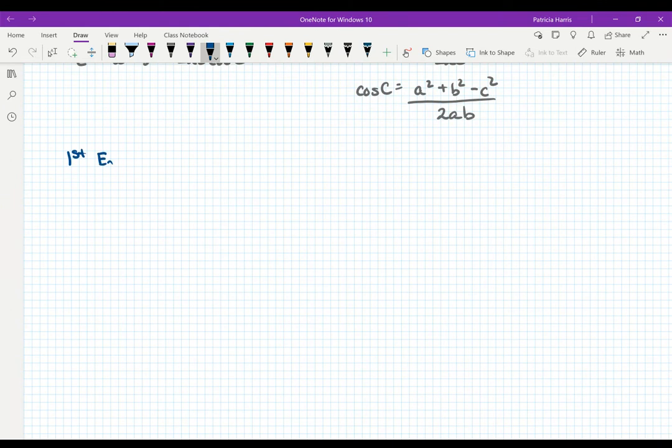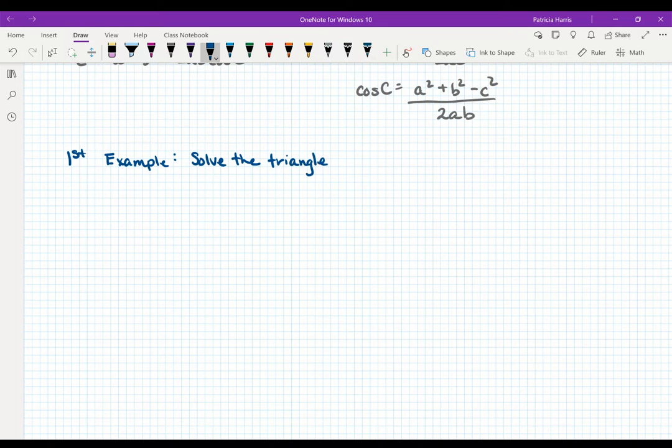So we're going to do a word problem after our first basic example. Now remember, these are not right triangles that we're dealing with.